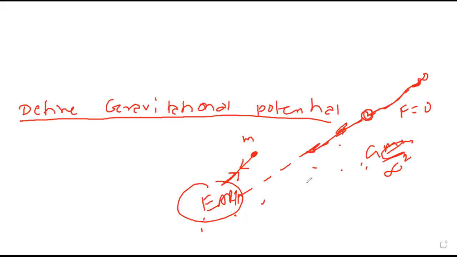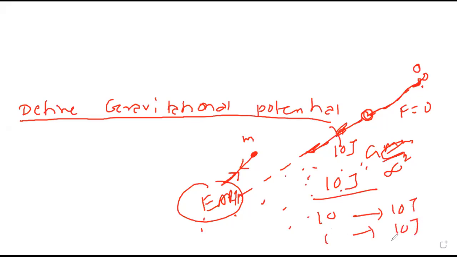So work done in moving a mass from infinity to a point in gravitational field is called gravitational potential. Here work done is 0. Suppose here work done is 10 joule. So 10 joule is nothing but my potential at that point where I have made the body stationary. So if 10 kg has 10 joule potential, 1 kg will have 10 joule upon 10, yes? So that work done per unit mass is called gravitational potential.